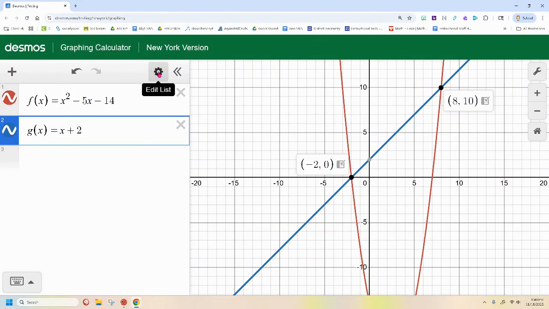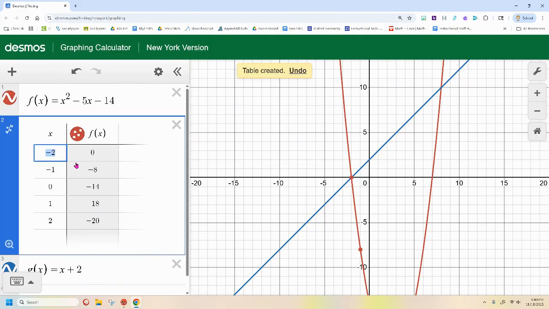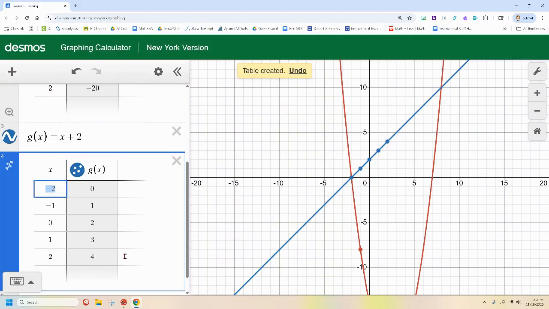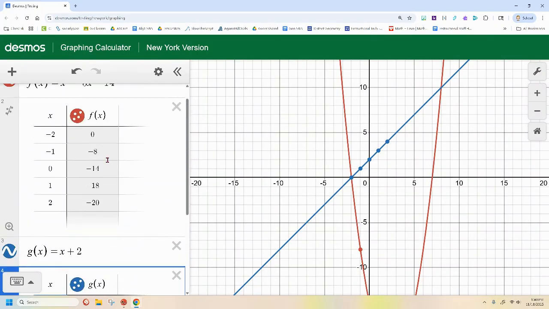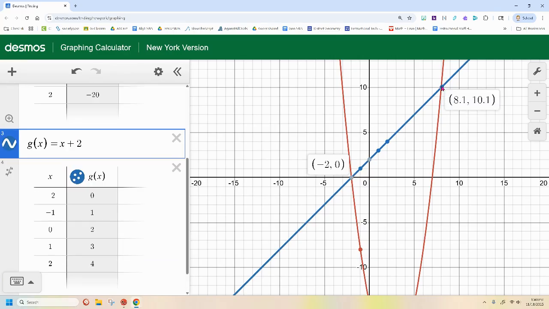So if I go back here and do show me some tables, do you see how if I input -2, I get a 0, and if I input -1, I get a -8? Well, when I go down here and look at my table, hey, when I input a -2, my output is 0. That's a match. But when I input a -1, I get 1, while up here I had -8. That's not a match. So going back, our points of intersection are -2, 0, and 8, 10.